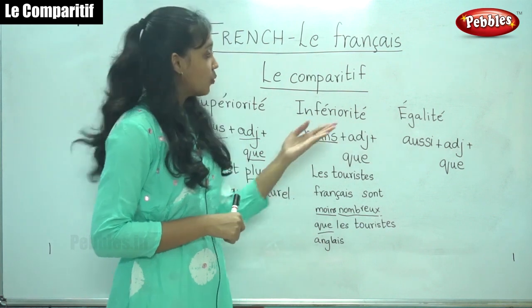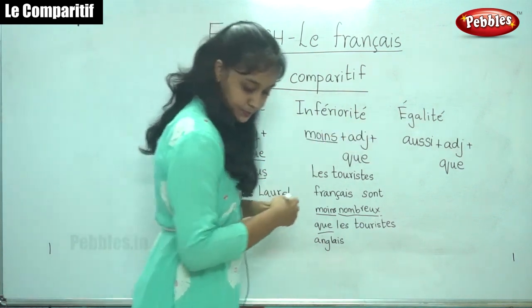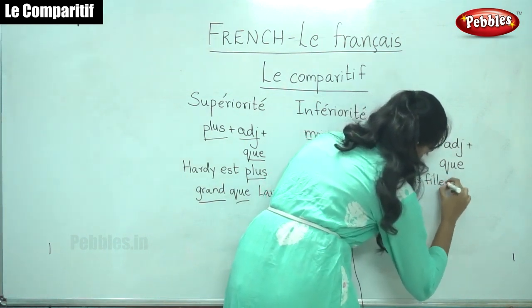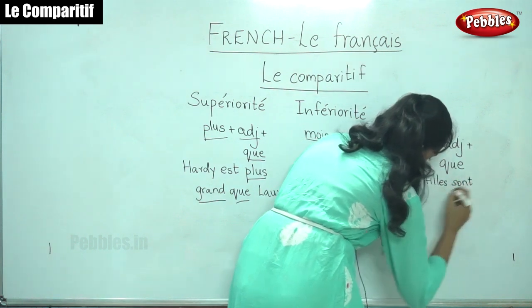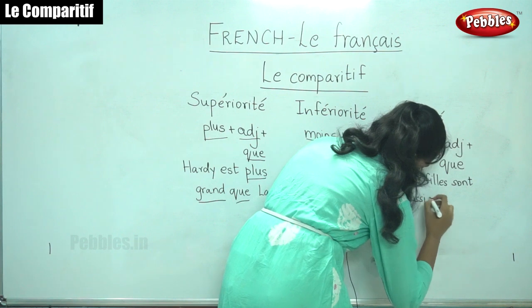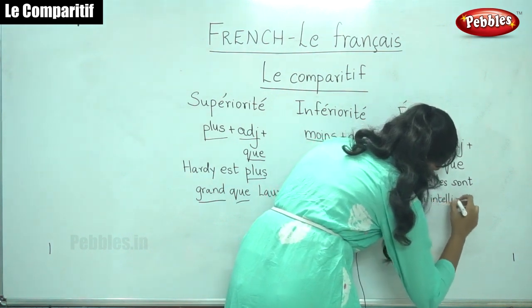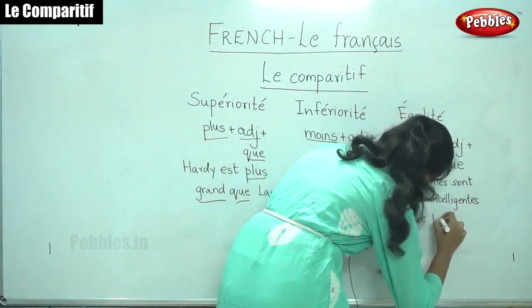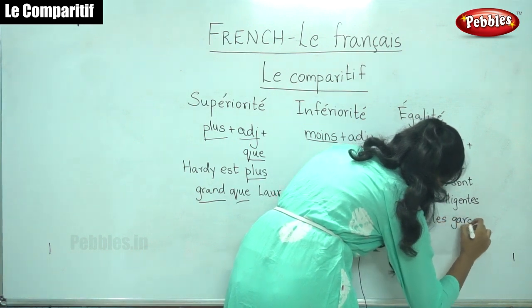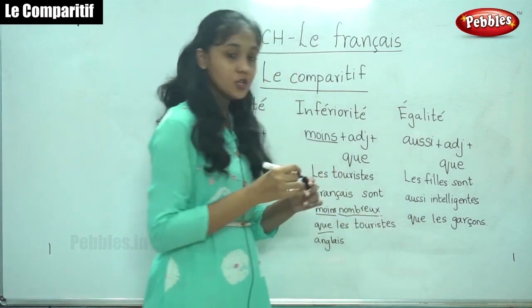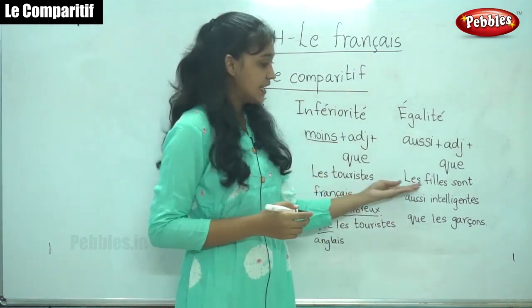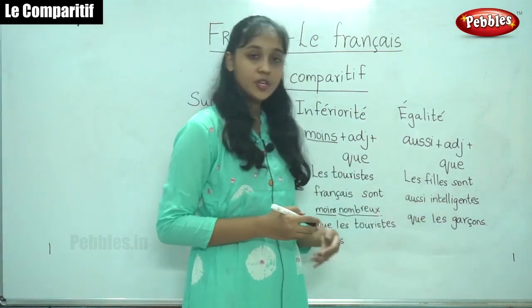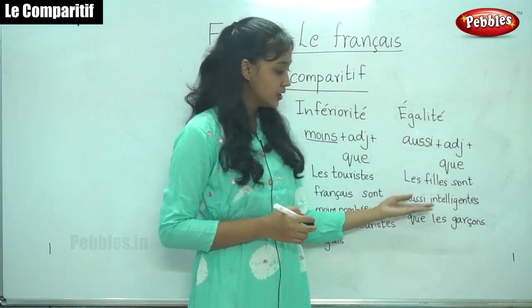And finally, one example for equality. The sentence I have given you here is Les filles sont aussi intelligentes que les garçons. The girls are aussi.